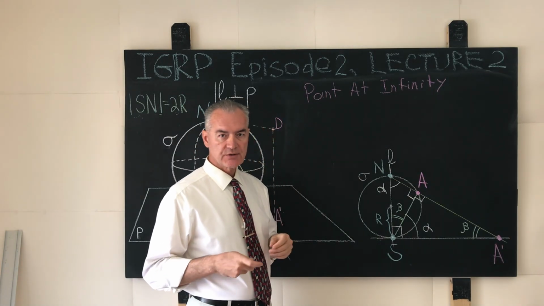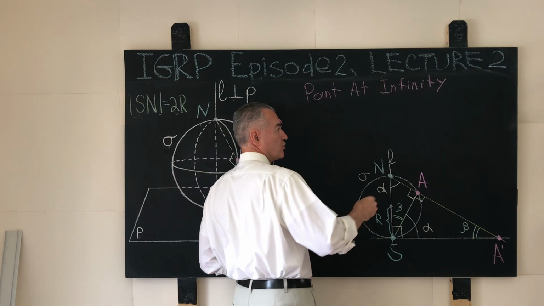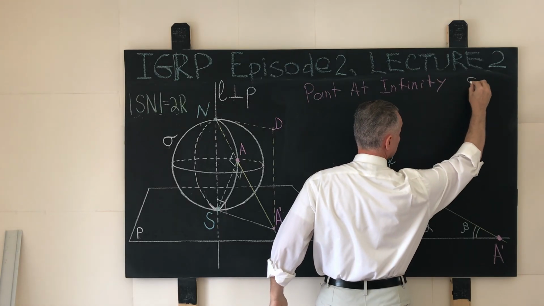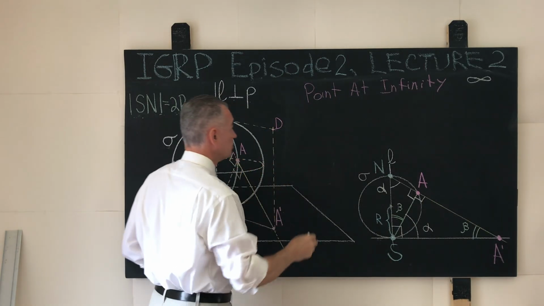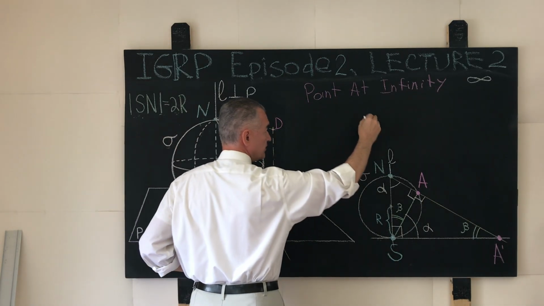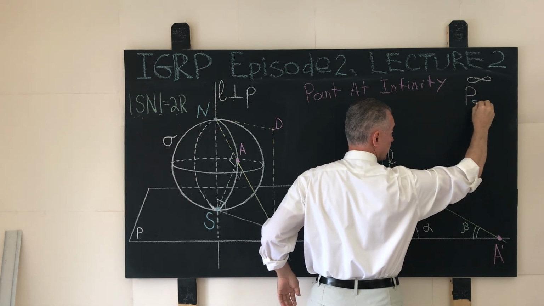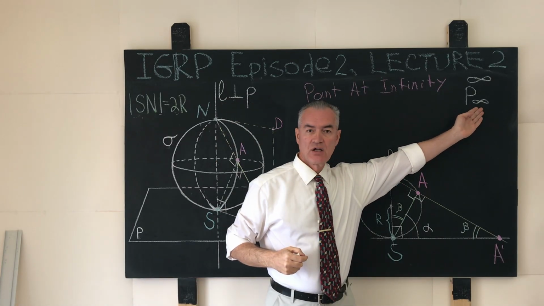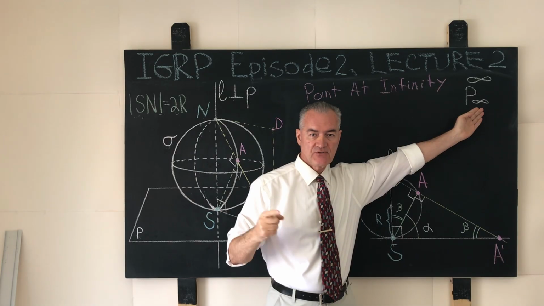In most modern texts on, let's say, complex analysis, that point is designated with just an infinity symbol, but in this course we do not need to be that cruel. We will designate that point at infinity as P with infinity as a subscript. So these two symbols will represent a single point at infinity.